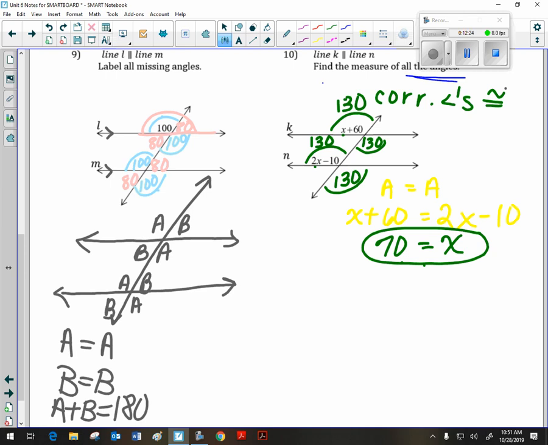It says find the measures of all angles. These two angles here and here are supplements. They have to add to 180, so that'll be 50 and 50 and 50 and 50. Only two different angle measures can occur in your picture. Every angle in this picture is either an A angle that's measured as 130 or a B angle that's measured as 50.